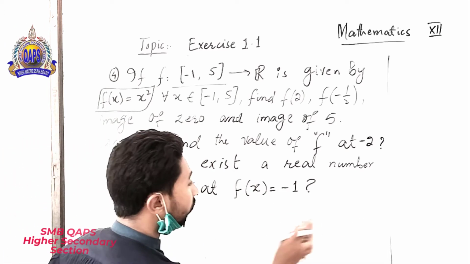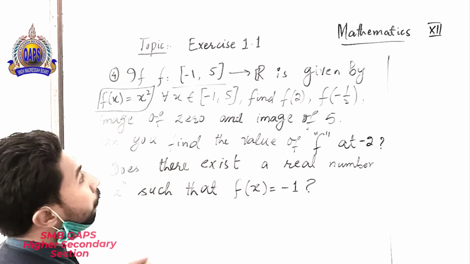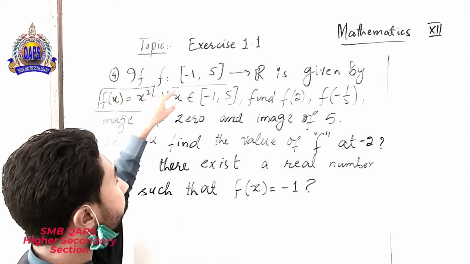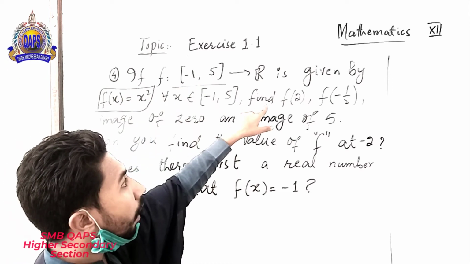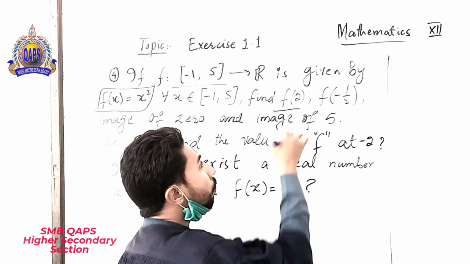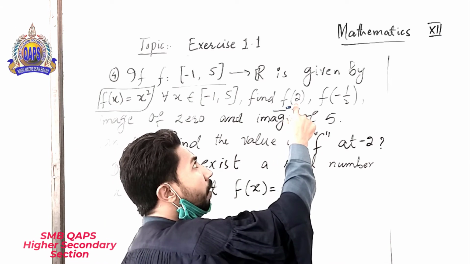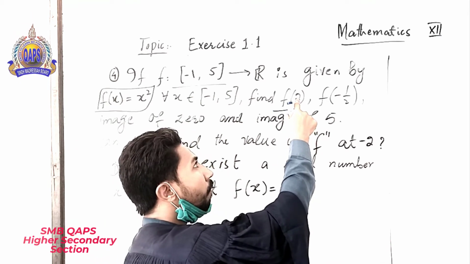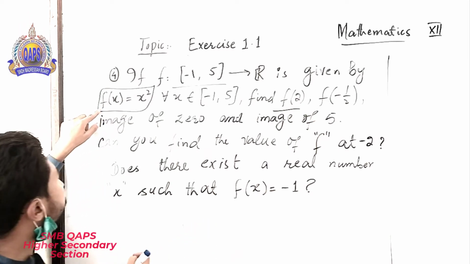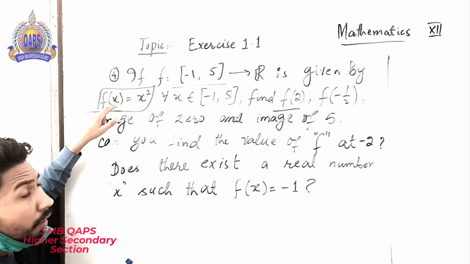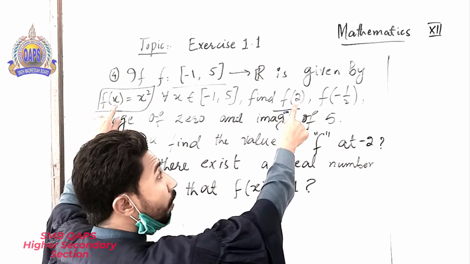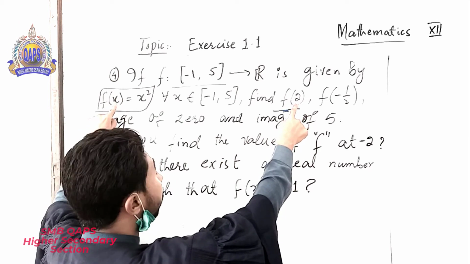Okay. Now the function is given and this interval is also given, and we find f of 2. Here the function is given but the point x represents the value 2, because f of x represents x, so here the given value of x is 2.